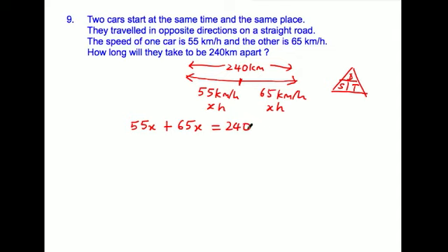Do not put units in the equation. Adding them up, we have 120x equals to 240, and dividing, we have x equals to 2. End of the sum with a statement. They will take 2 hours.